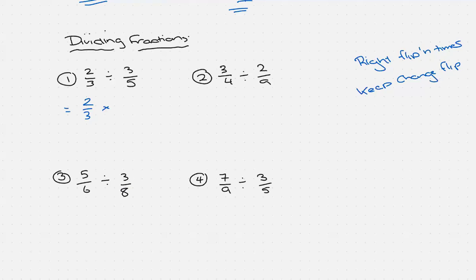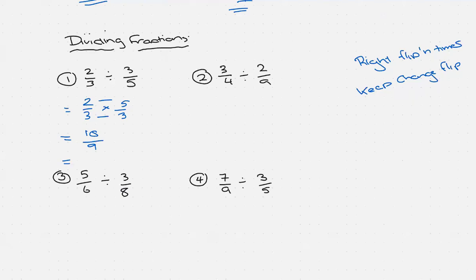Right, flip, and times, keep, change, flip, same idea. And then we're going to do exactly what we've done in the timesing. Times along the top, times along the bottom. Now we can make this into a mixed number. We did that in the last video. 9 goes into 10 one time with 1 left over, and put it back over the 9.